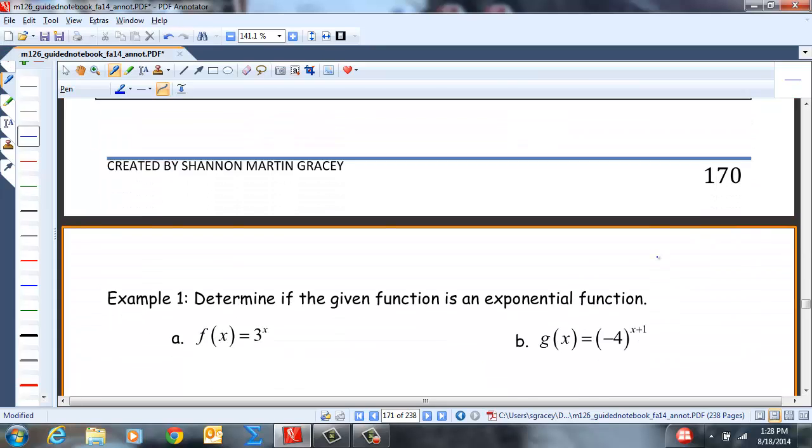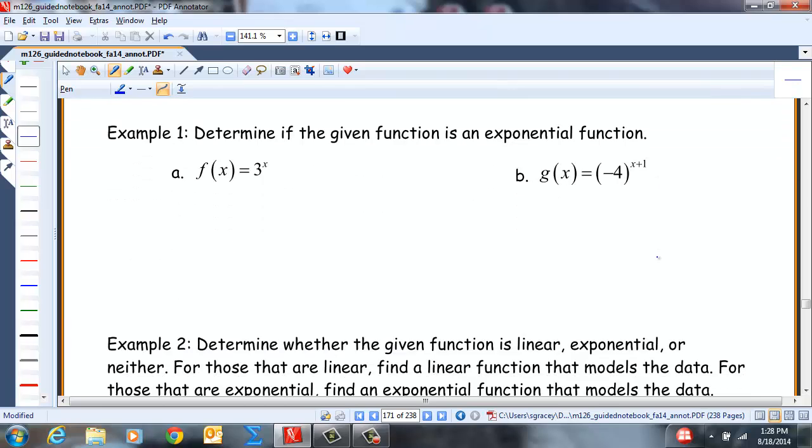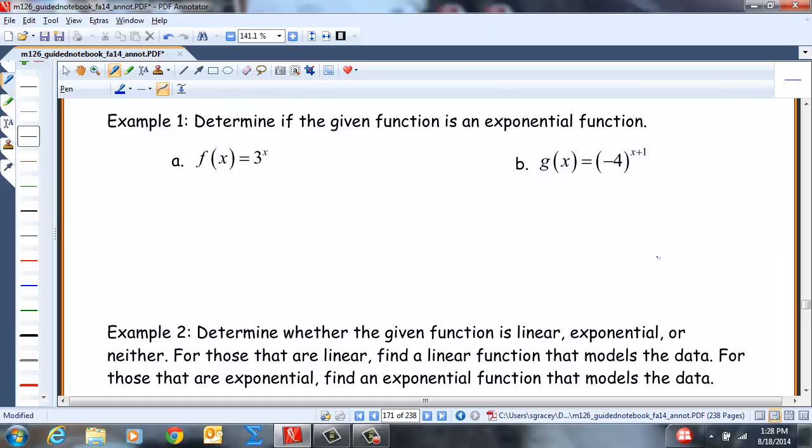All right, so next up, let's determine if these functions are exponential. Remember the rules for it: you have to have a base that is positive and not equal to 1, and your unknown needs to be in the power. For part A, we certainly have it. Our c is 1, a is 3. What about part B?